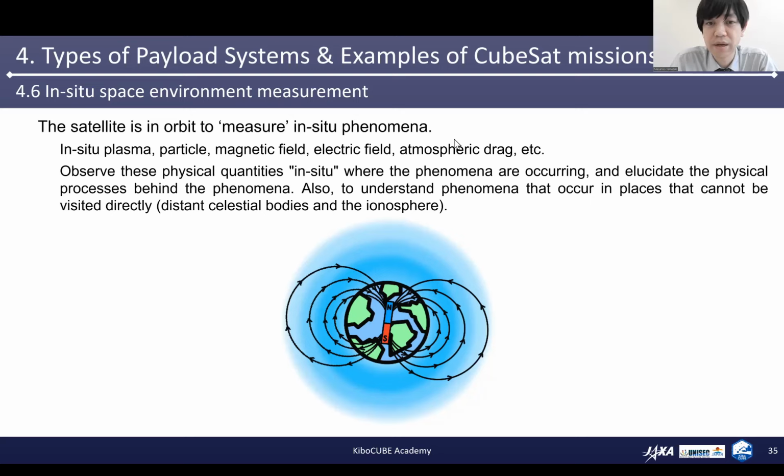Also, to understand phenomena that occur in places that cannot be visited directly, such as distant celestial bodies and the ionosphere, etc.